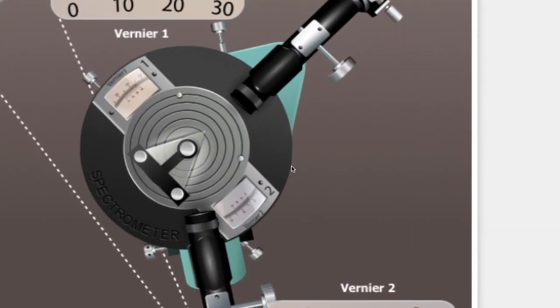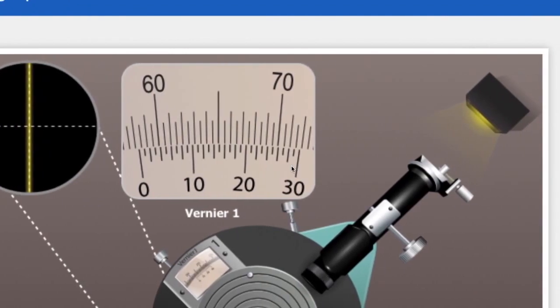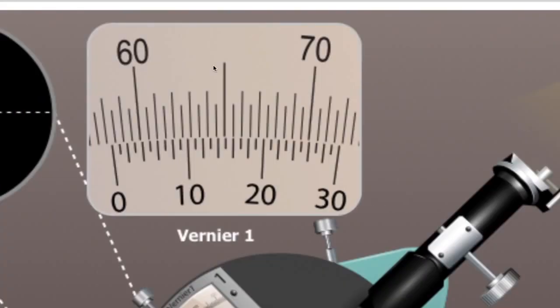In this position, let us read the scale. It is exactly at the center. As you can see, 0 has crossed this value. If this is 60, 59, 58, it has crossed 58 but not crossed 58.5.